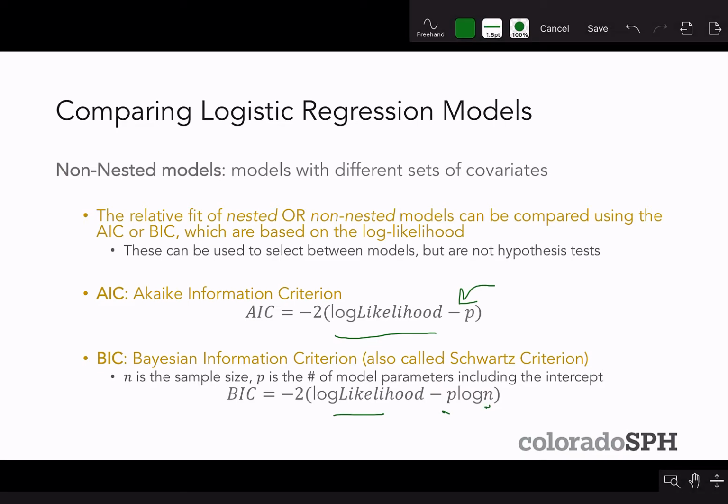And the intuition behind either of these criteria is a trade-off between having parameters that make the likelihood larger, which is good, but not having too many parameters. So both of these penalize for having too many parameters in the model, which can overfit your model.